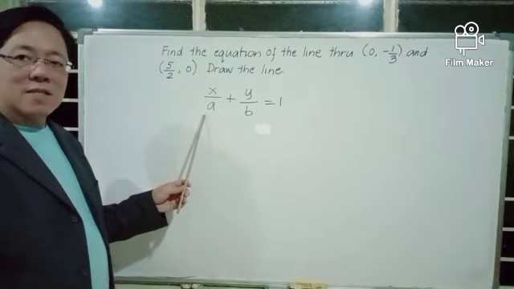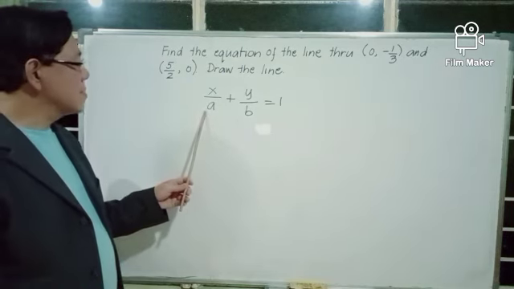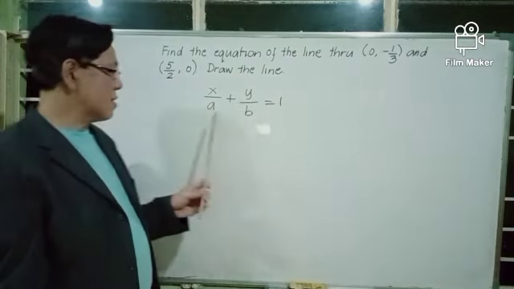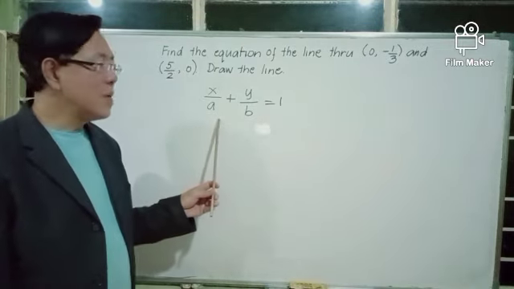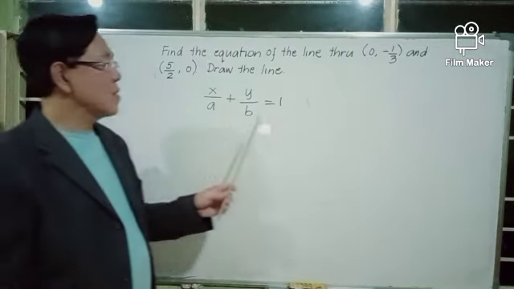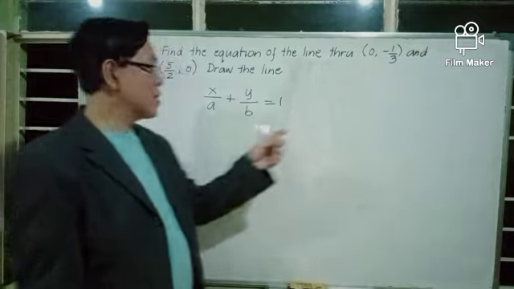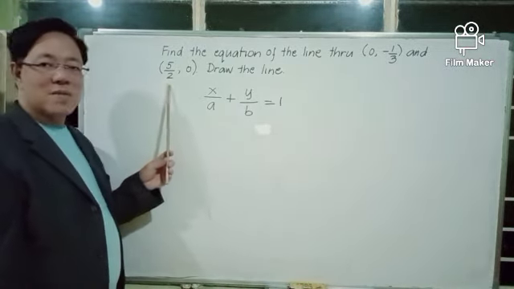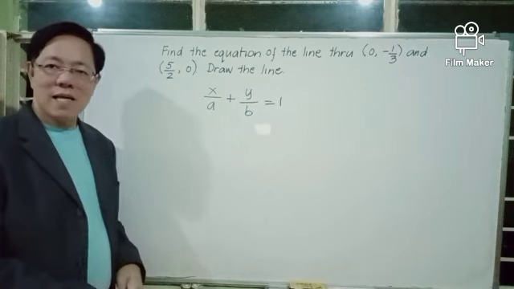The x-intercept of the line has a value for x, and it is a in this form, and the ordinate is 0. Thus, between this point and this point, the second point, (5/2, 0), is the x-intercept.